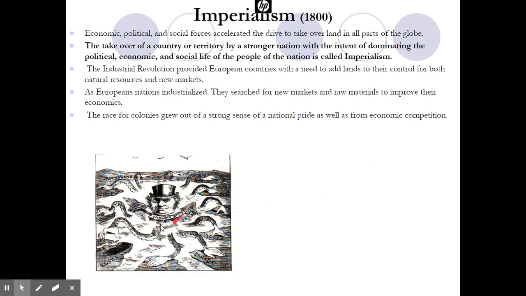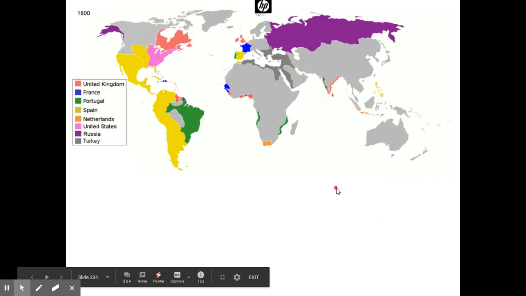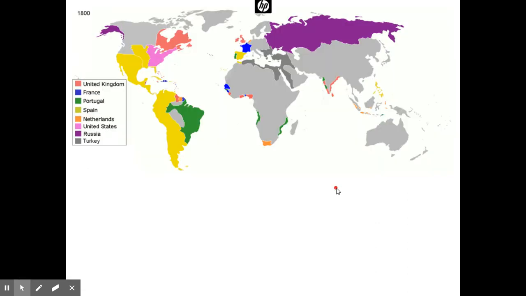Here's a good political cartoon. You've got England as a devilfish, and England has its hands in Canada, Egypt, Australia, Cairo, all sorts of different places. That's a political cartoon you'll see again. Here's a map showing, in 1800, some of the lands that were taken over. You've got, of course, Russia with all this land over here.